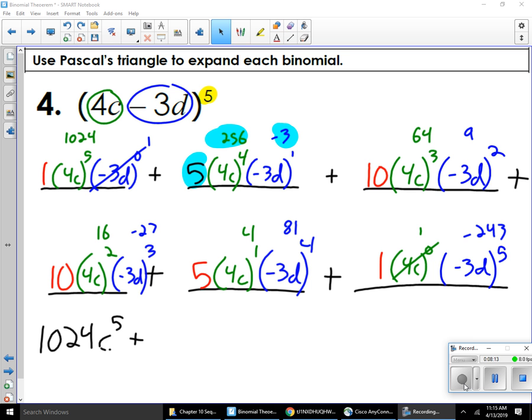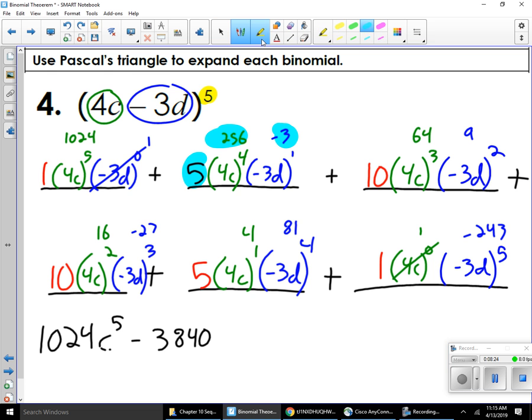For that second term there, we're multiplying those 3 numbers together, which will give us a negative 3,840. And now we do want to be careful because 2 variables showed up in this binomial, so we'll have a c to the 4th and a d to the 1st.